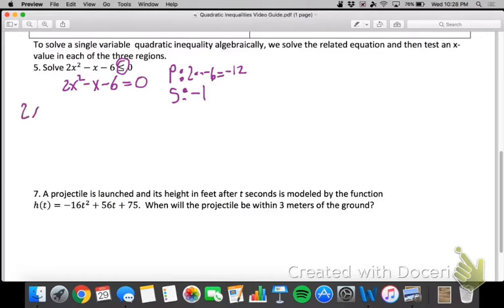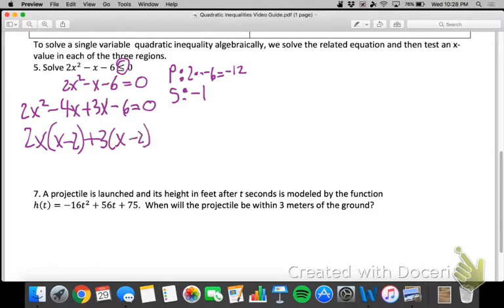So I have 2x squared minus 4x plus 3x minus 6. Then factor out my GCFs. So it factors to 2x plus 3 and x minus 2.